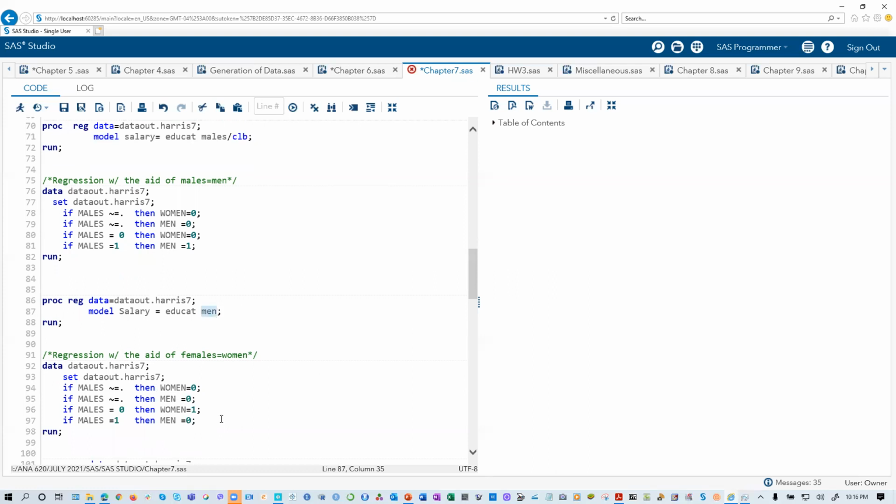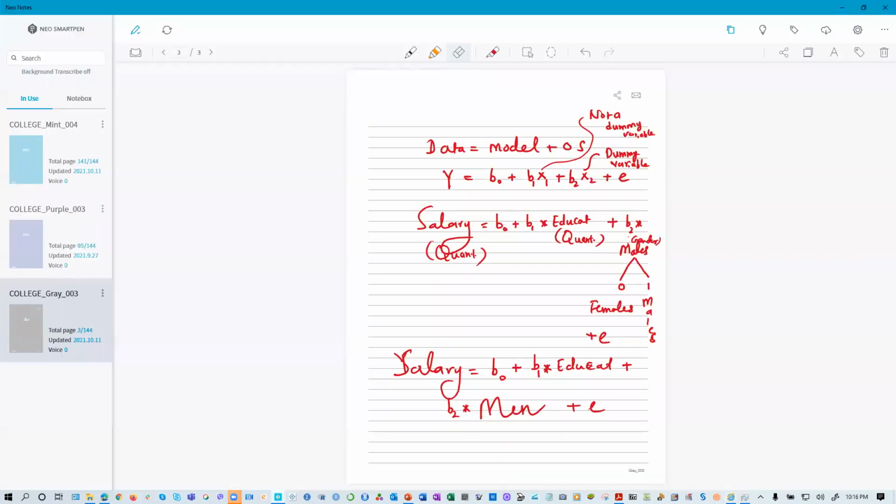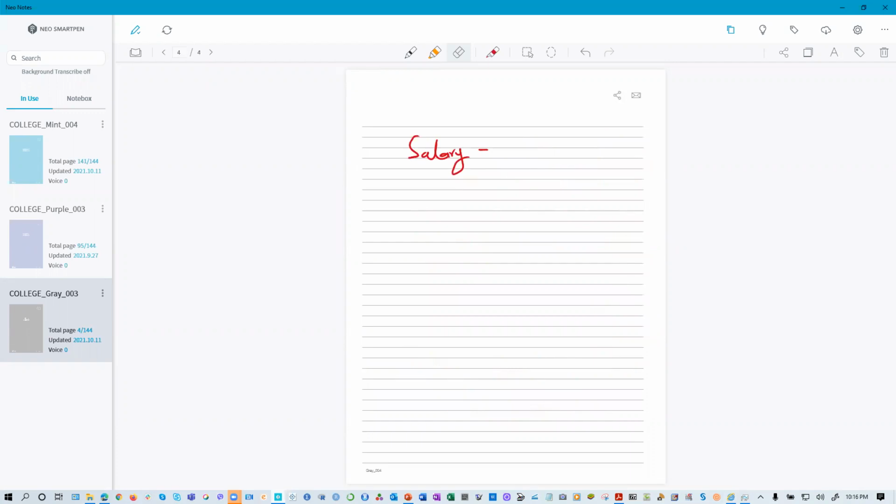Or you can put it the other way around. Now you can take the women in that one. You can write this one with the aid of women as well. For the females, I call it here for my convenience. Salary equals B0 plus B1 educate plus B2 female.